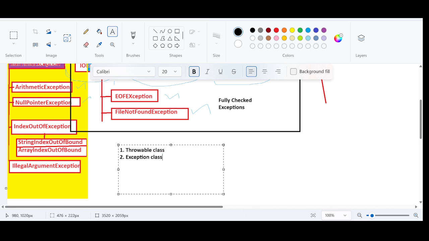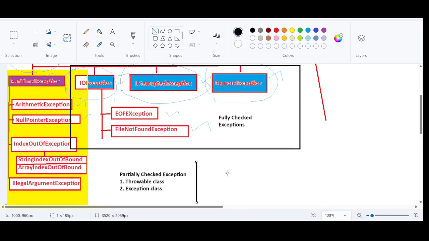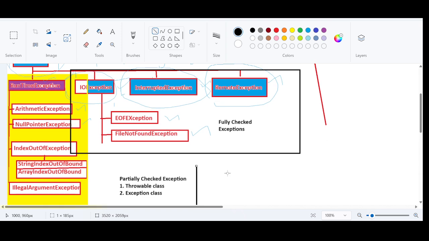Second one is the Exception class. So these two are partially checked exceptions. This is one takeaway. And the second takeaway: apart from these two, all the other exception classes are called fully checked exceptions, except RuntimeException.